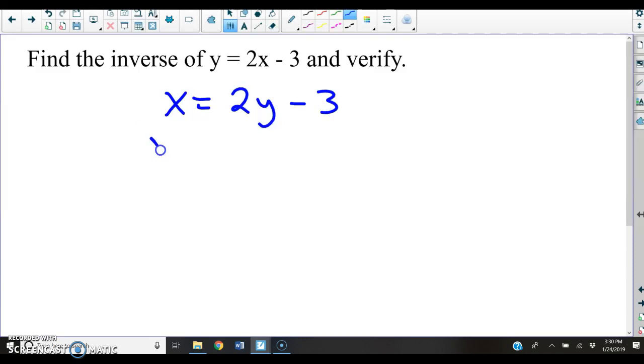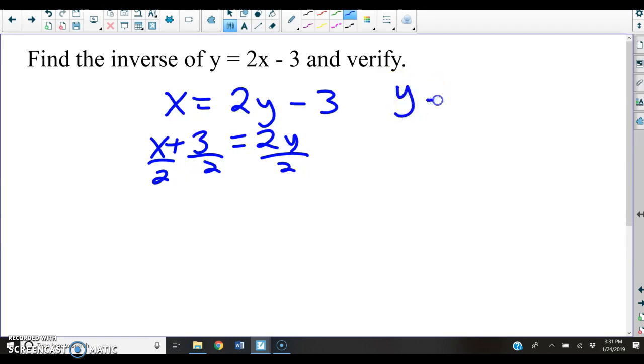So I'd get x plus 3 equals 2y, so I'd have to divide out the 2. So I'm going to have my inverse here to be x over 2 plus 3 over 2.